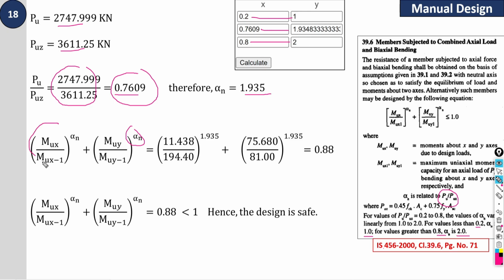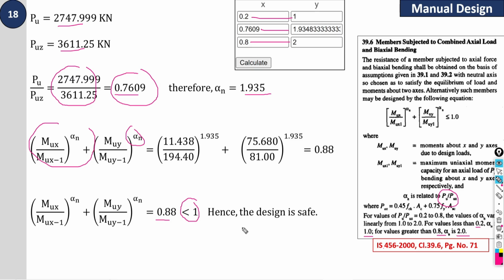If we put all the values in this formula, we get the ratio as 0.88, which is less than 1, which means our design is safe. Our column design is safe, under the consideration of percentage of reinforcement as 1.75 and section size of the column as 300 by 600 for the proposed condition.